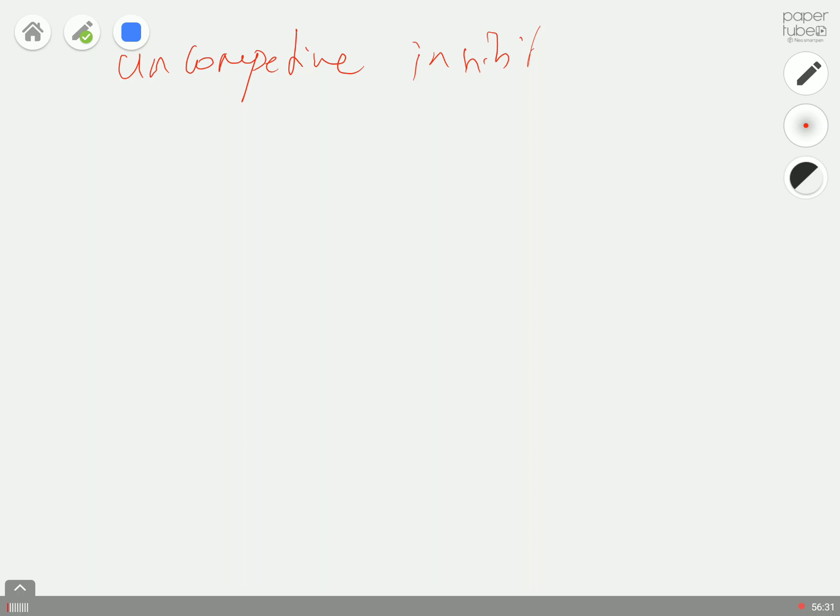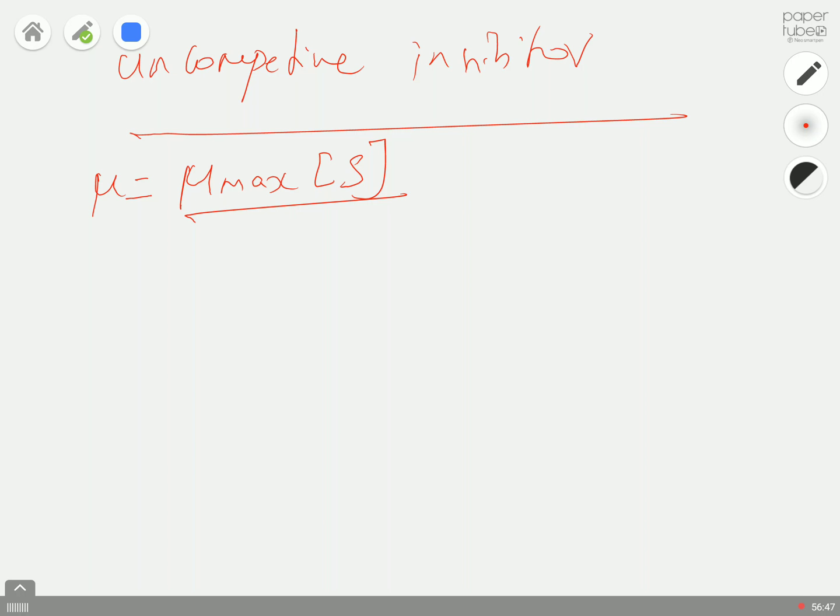This inhibitor will attack only the enzyme substrate complex, and the relationship between initial velocity and substrate concentration is given by mu max times substrate over alpha plus Km.